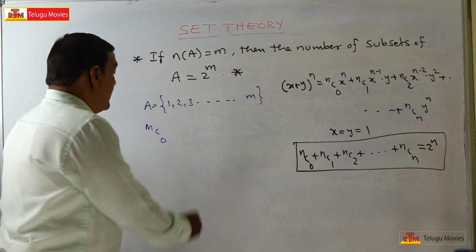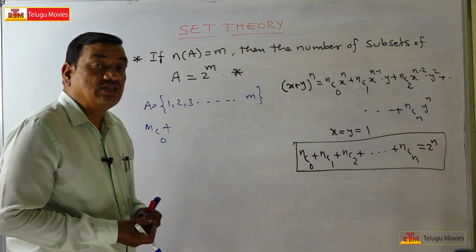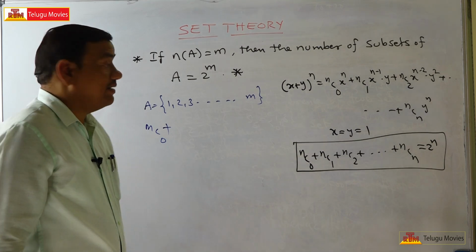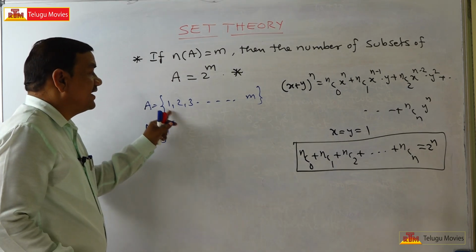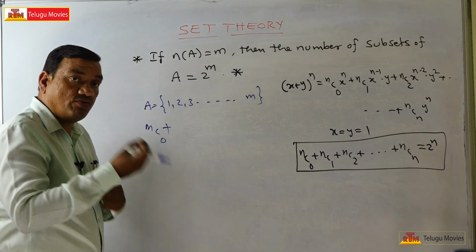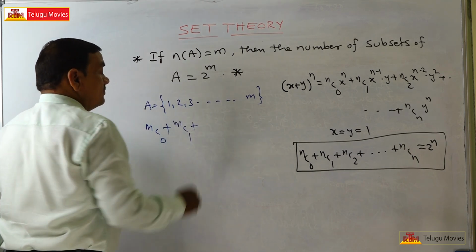Next, the number of subsets of the set which contain only one element. According to the formula, the total number of elements is m, and from that you have to select one element, that is mC1.